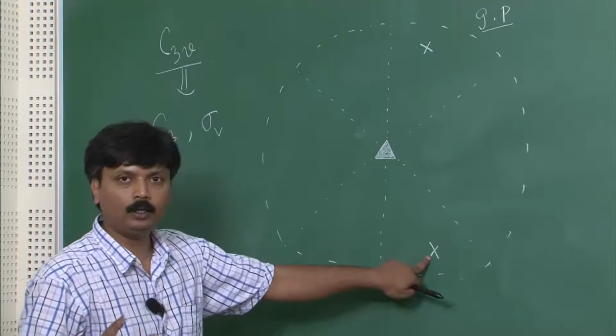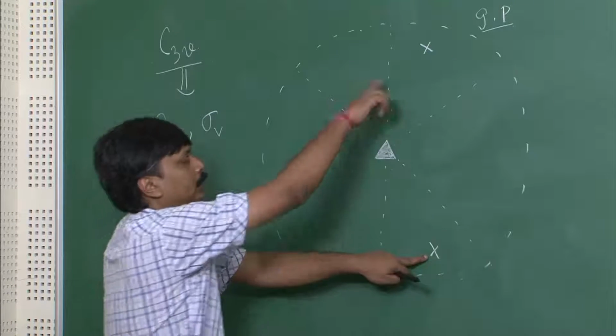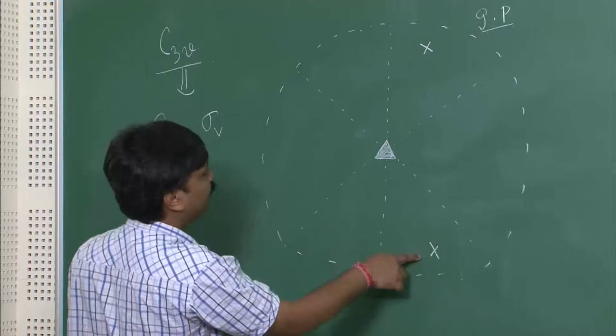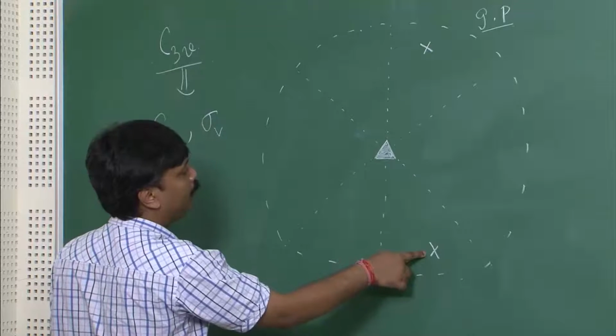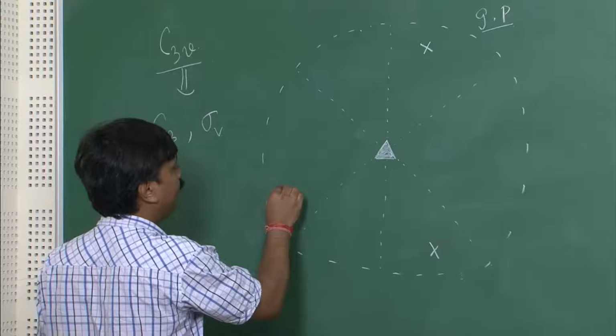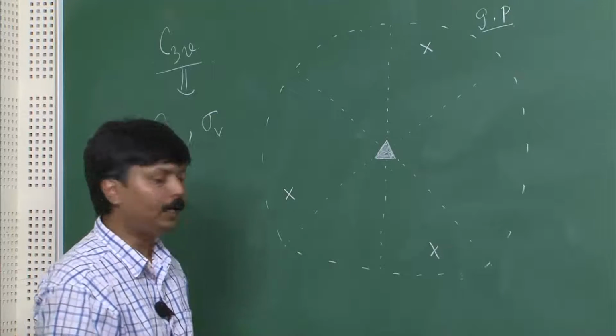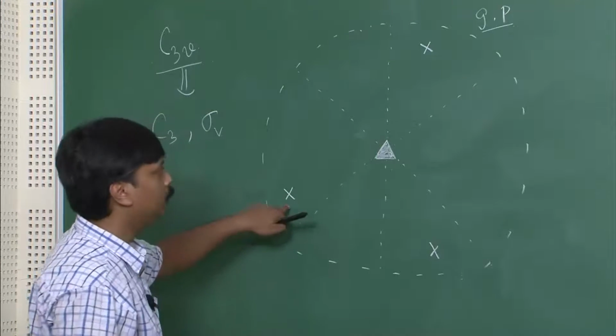The other operation that can be generated is C3 square, that means C3 and another C3. So, this element will reach somewhere here after the C3 square operation.